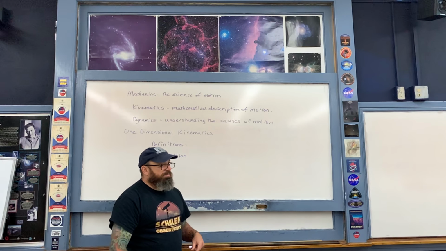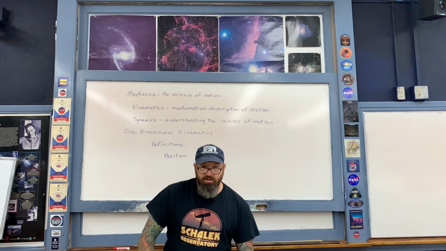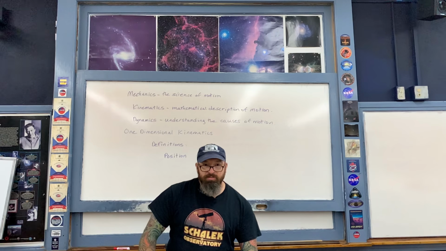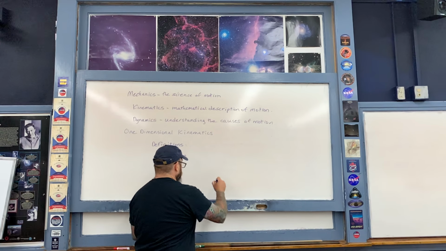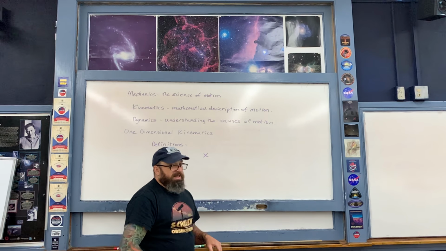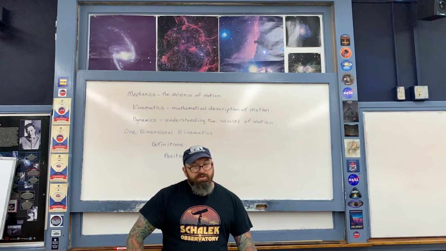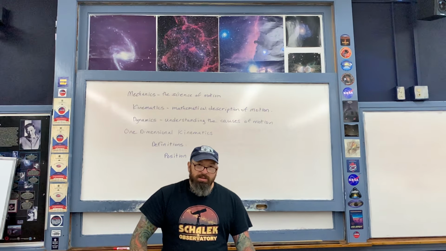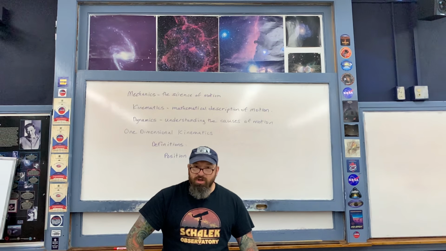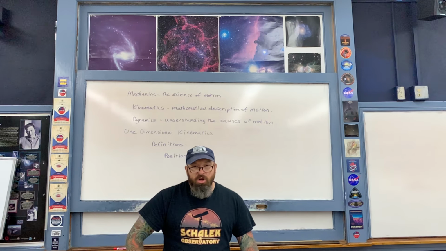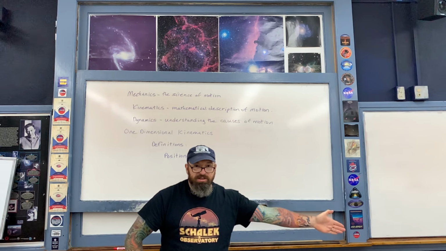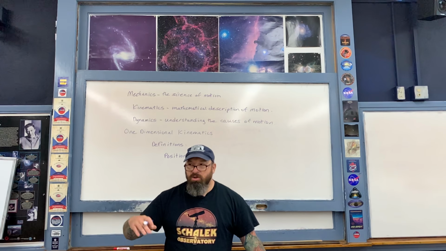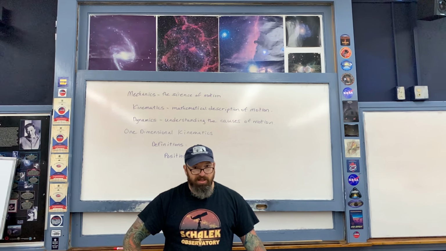Now, when describing position, say horizontally along a number line, we use the variable x to describe position. It is a vector quantity. However, notice that I am not drawing the vector symbol above the letter x. The reason for that is because when you're talking about one-dimensional motion, all the motion occurs either in the positive direction, to the right-hand side, or the negative direction, to the left-hand side.